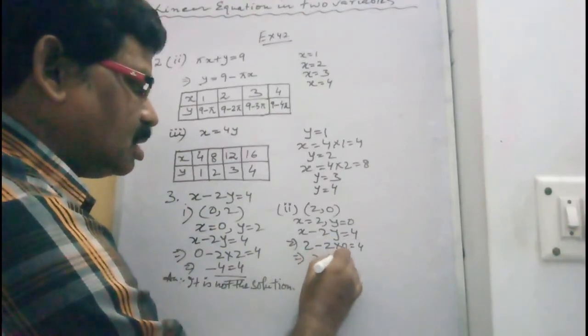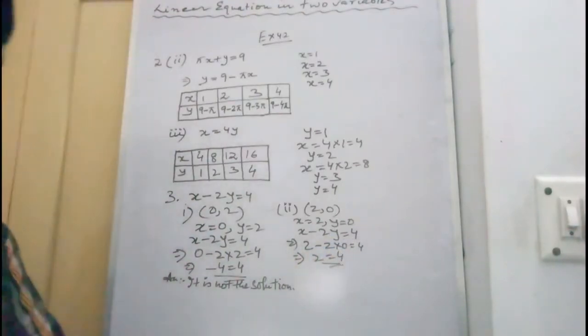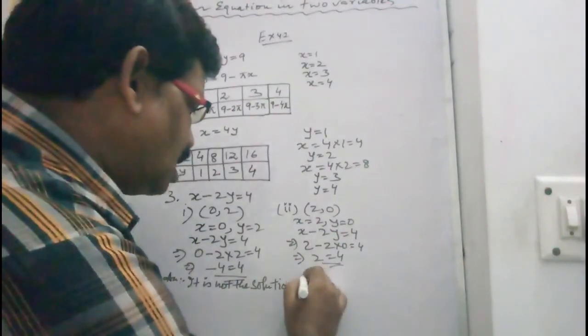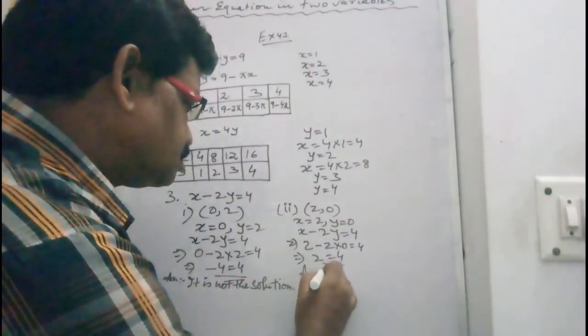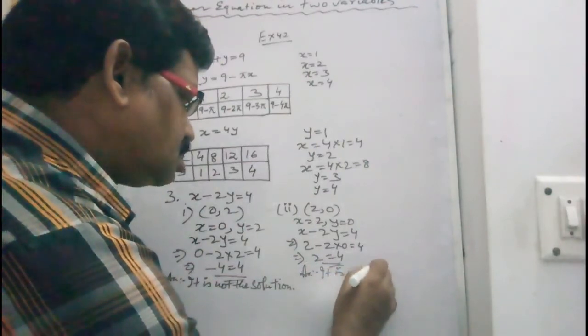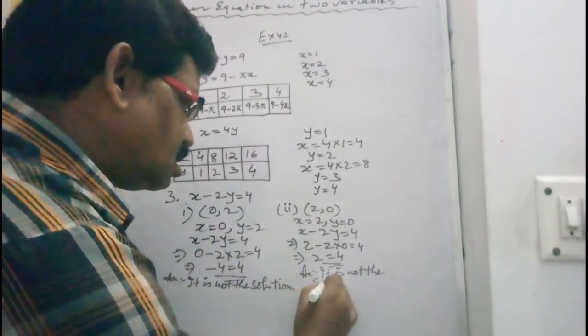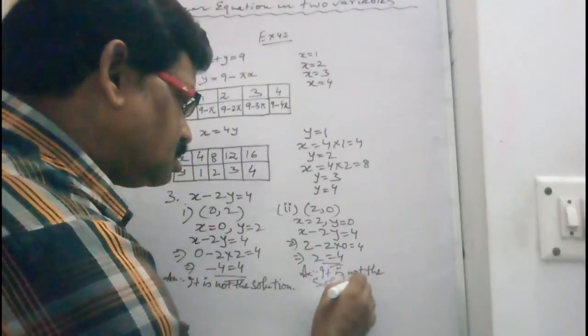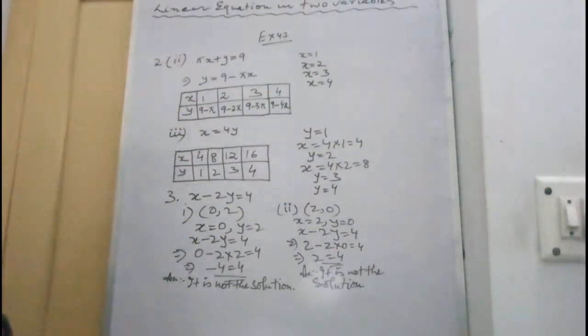So 2 equal to 4, which is not equal. So answer, it is not the solution.